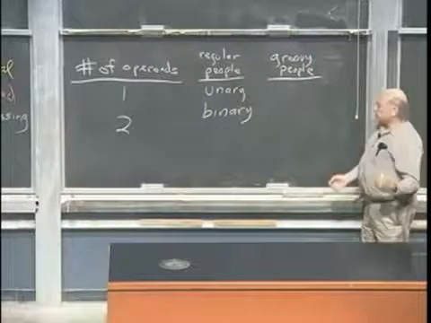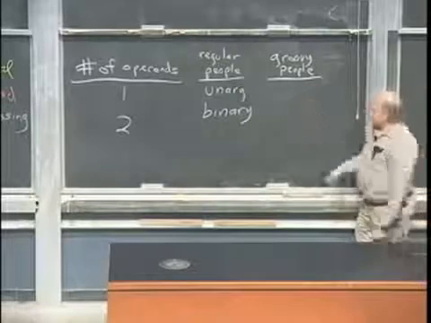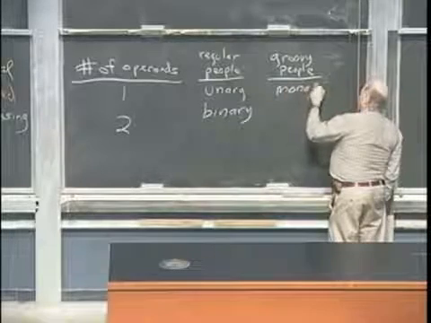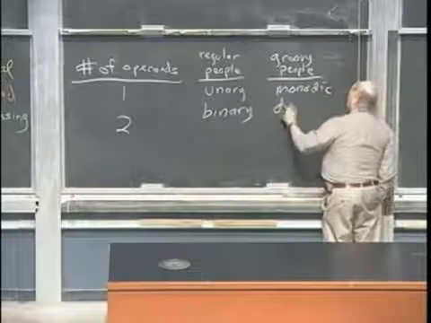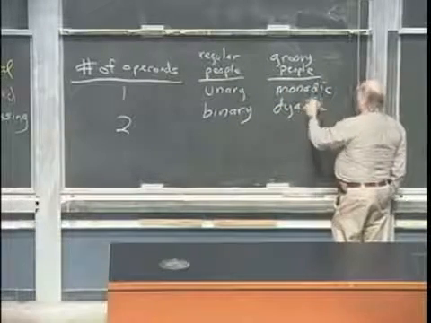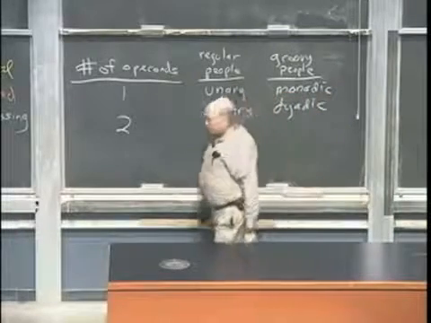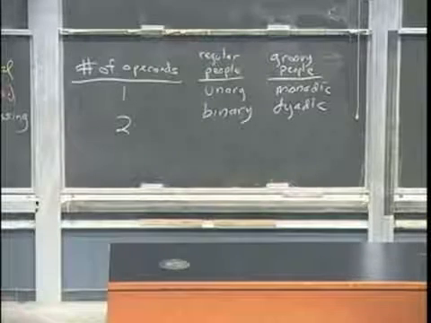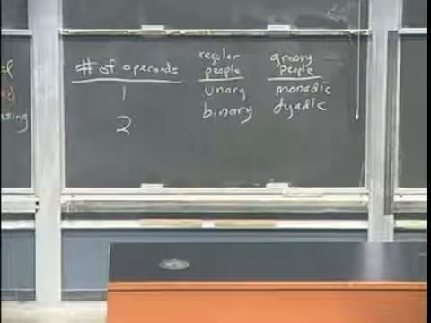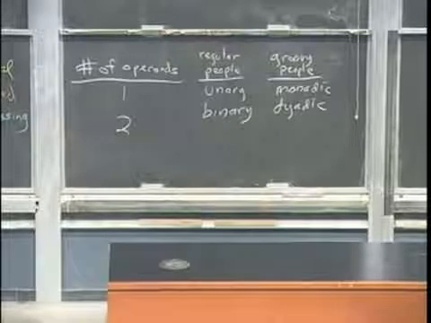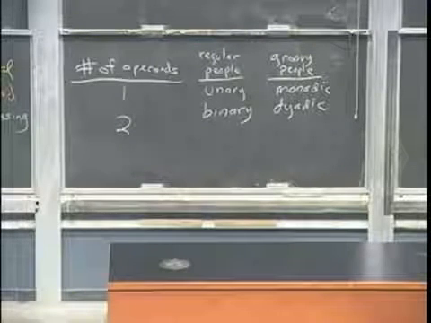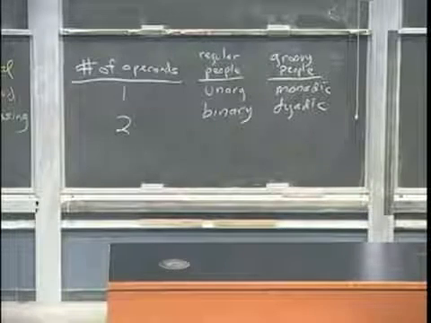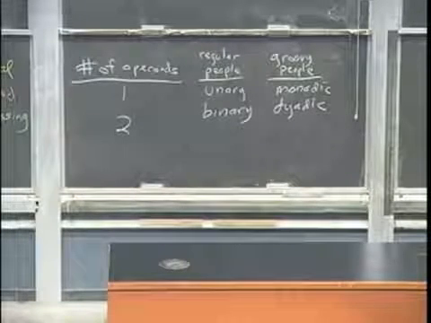So these names aren't very good. They're confusing. And so, cool people call these monadic and dyadic operators. These names were proposed by Ken Iverson, who invented the important but obscure programming language APL. And they're great names, and they don't have any other confusing meanings.